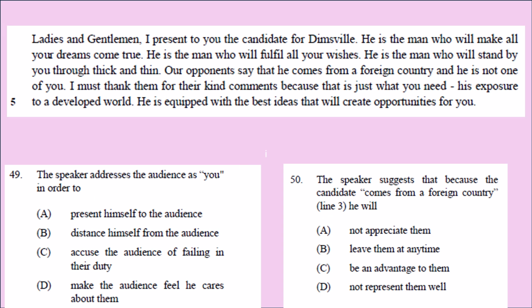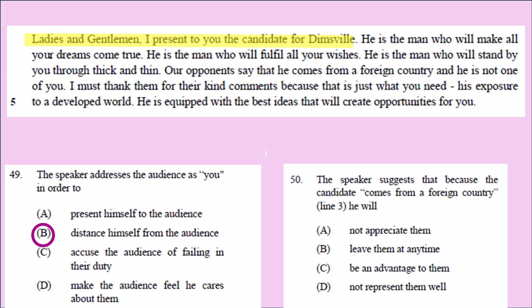Question 49. The speaker addresses the audience as you in order to present himself to the audience, distance himself from the audience, accuse the audience of failing in their duty, or make the audience feel he cares about them. And the answer is B, distance himself from the audience. Question 50.